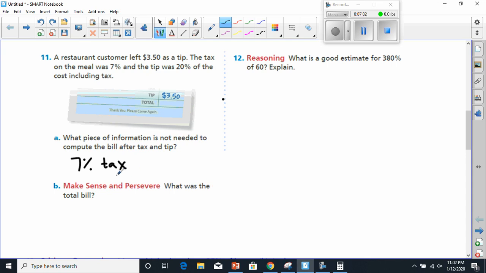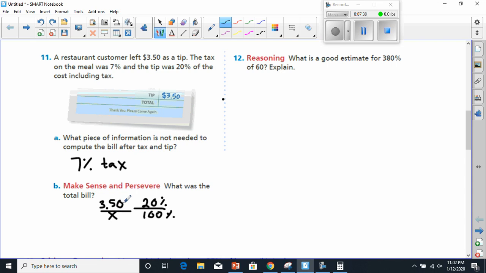If I was to do this, I'd have to realize that $3.50 represents how much I left for the tip. That was 20% out of 100%. We're trying to find what was the total bill.